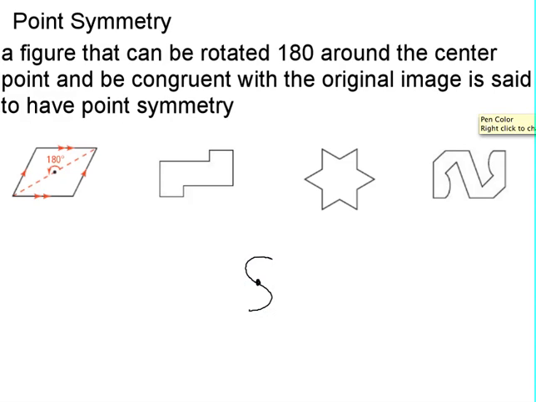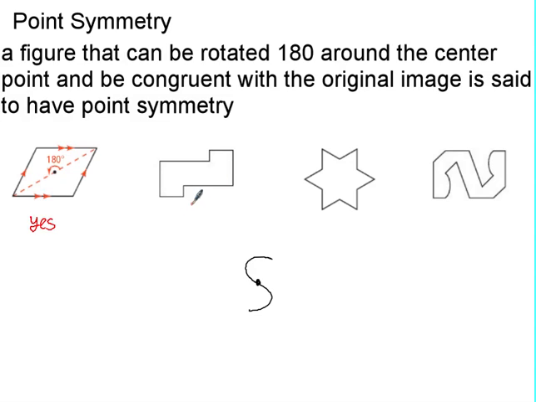Okay, let's look at each one of these. So this first shape, do you think it has point symmetry? Okay. So try to turn it around. So it's going to have a yes. The next one, try to turn it around.